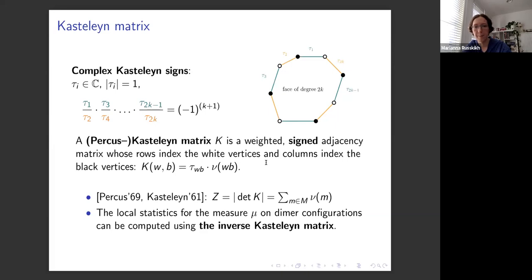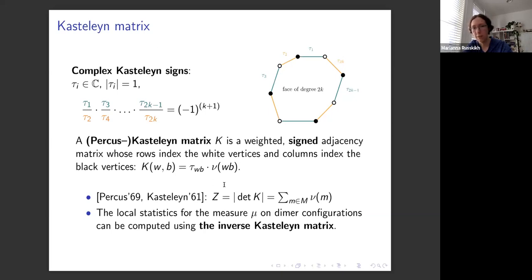And Kasteleyn showed that the partition function of the dimer model can be evaluated as the absolute value of the determinant of a weighted signed adjacency matrix if the signs are chosen to be Kasteleyn signs. So what does it mean that the signs are Kasteleyn signs?